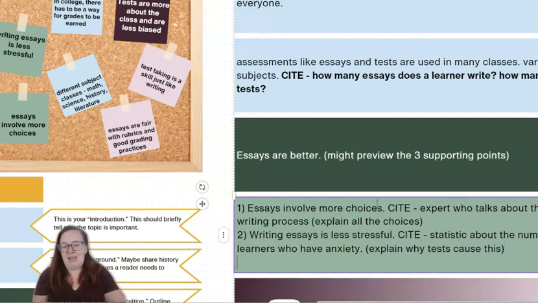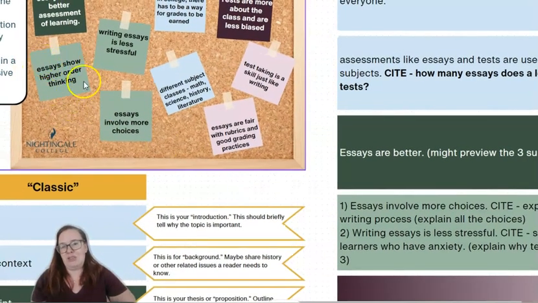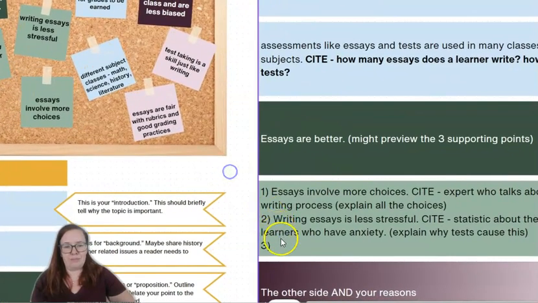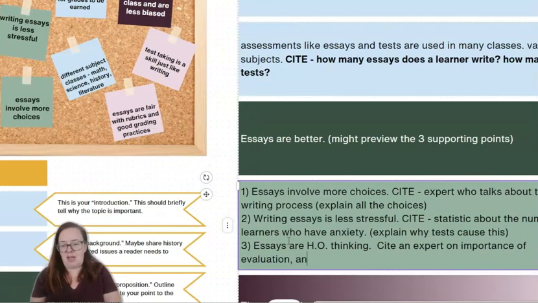And then 3, like I said, 3 is the magic number in this. Essays show higher order thinking. So thinking. This one I want to cite an education expert on importance of evaluation and analytical skills.